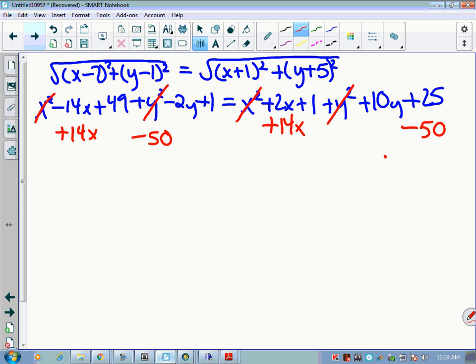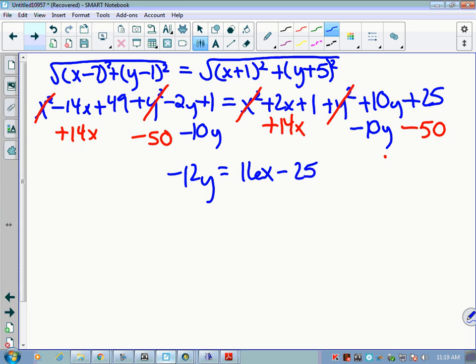Okay, let's pick a different color. Let's subtract 10y over here. So negative 2y minus 10y should be negative 12y. Let's see, that's going to be 16x. And we've got 25 minus 50, which is going to be negative 25. We're going to divide all that by negative 12.